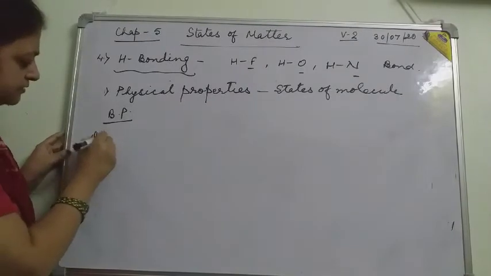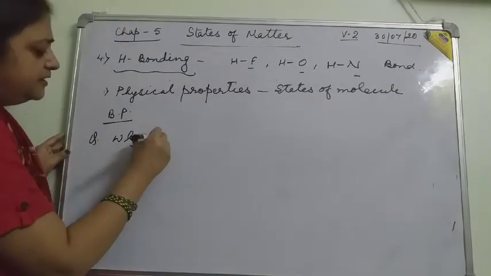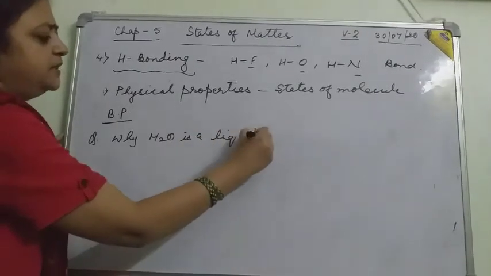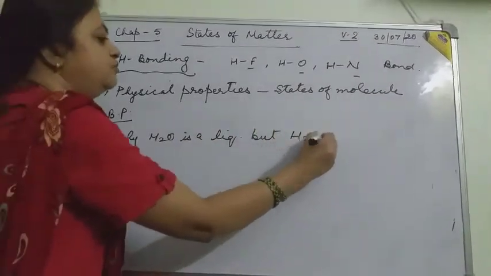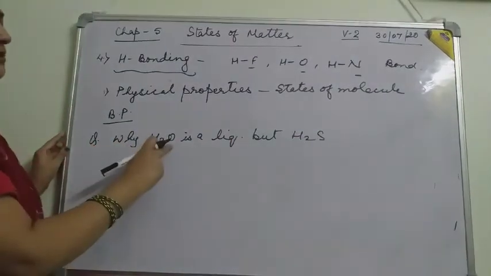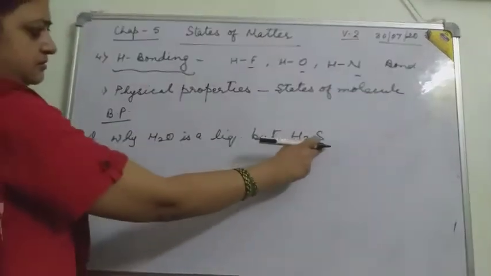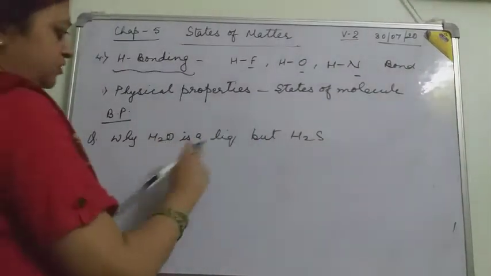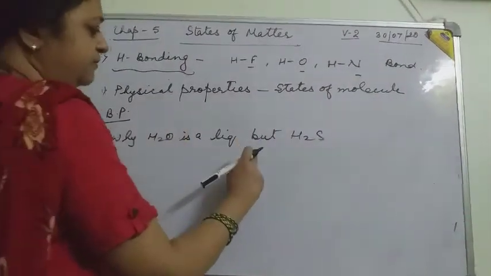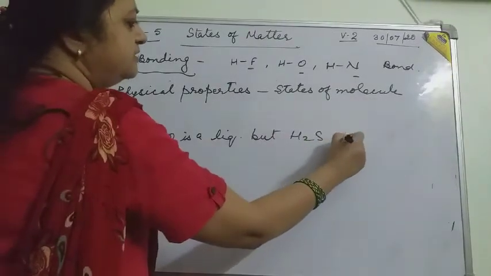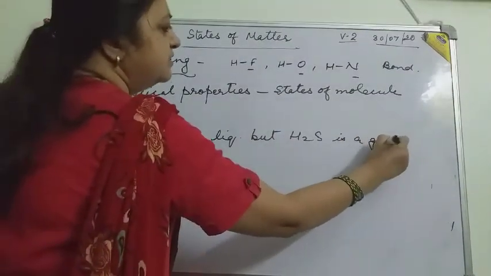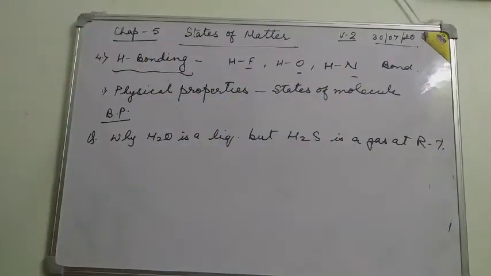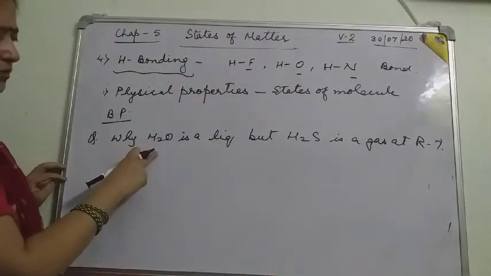Here is a question: why is H2O a liquid but H2S is a gas at room temperature, even though sulfur is larger than oxygen? It is due to hydrogen bonding.